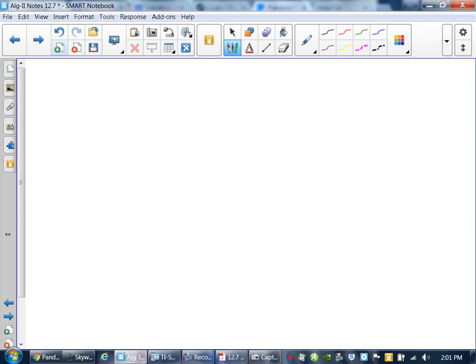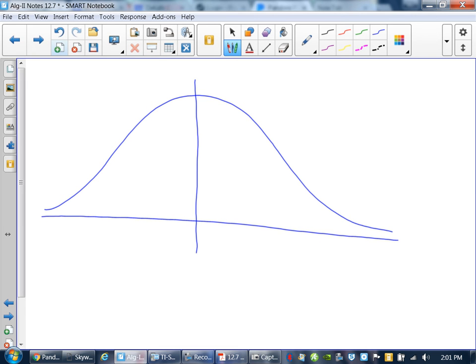So let me see if I can draw this again. All right, so we'll say this is it. Here's our one standard deviation, within which 68% of all data occurs.